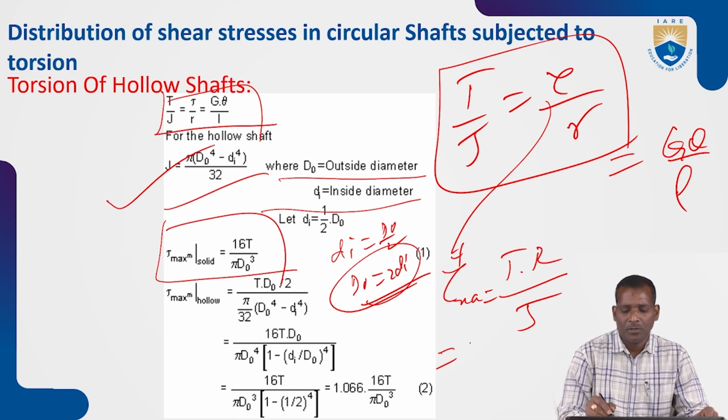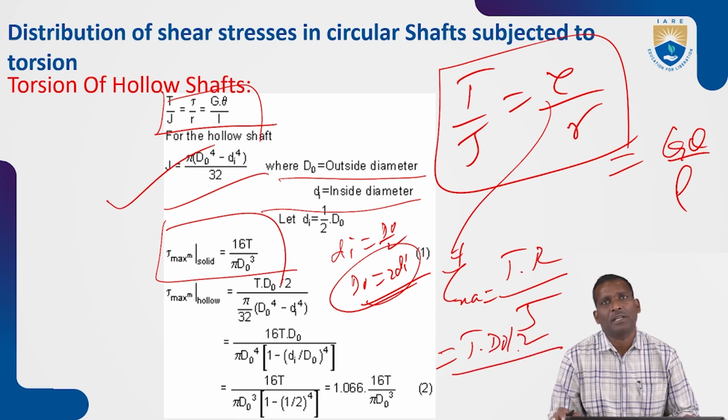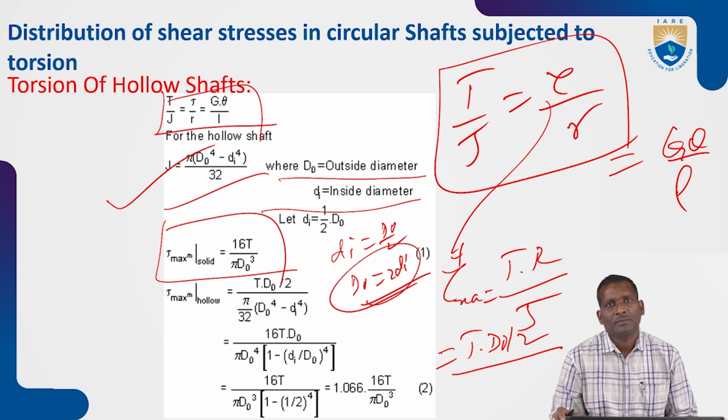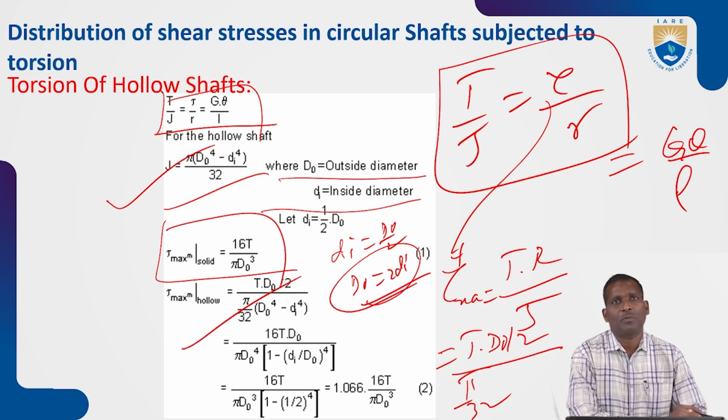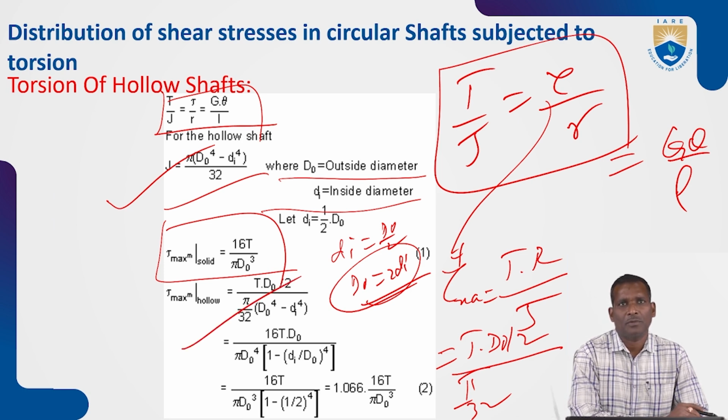Here R is equal to D naught by 2, half of the external diameter, divided by J, which is pi by 32 times D naught to the power 4 minus Di to the power 4. Now simplify this equation.